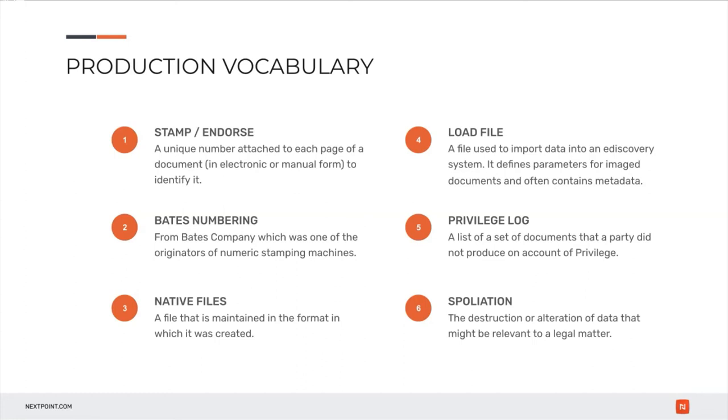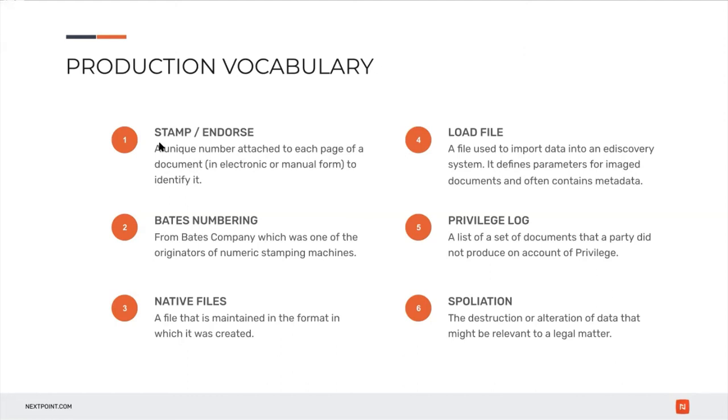Native files, we've spoken a little bit about this. This is a file that is maintained in the format in which it was created, that original file. It's like collecting that original email as opposed to collecting a forwarded email. A load file is used to import data into an Ediscovery system. It defines parameters for image documents and often contains metadata.